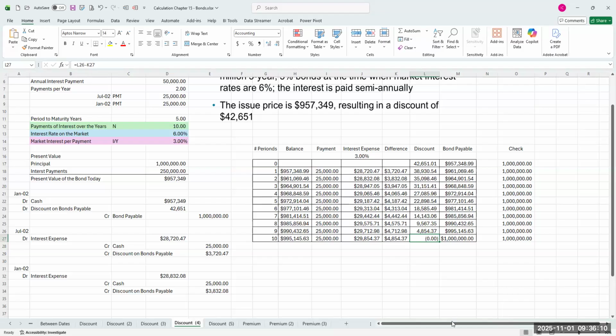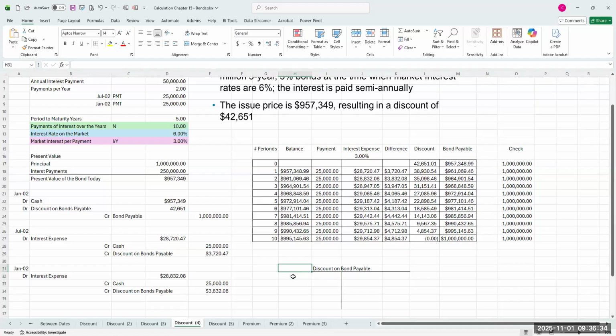What's interesting here is the discount, so let's put here discount on bonds payable.